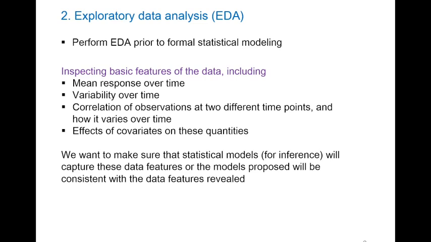So the purpose of doing EDA is to make sure that the statistical models for subsequent inference will capture these data features, and all the models we propose will be consistent with the data features revealed. If the response curve is nonlinear, we need to use a model that is able to capture this nonlinear pattern.